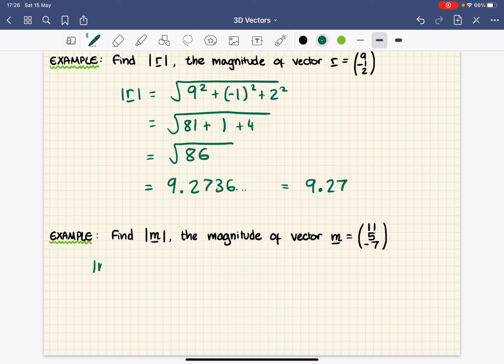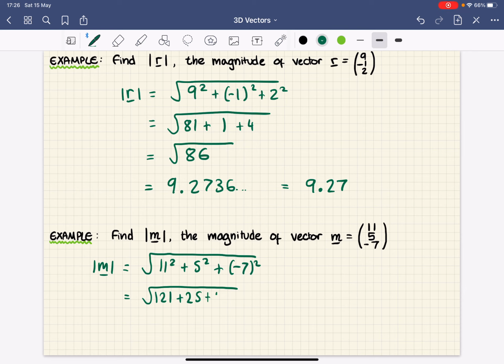Same idea here. Magnitude of m, I square all the elements, so 11 squared plus 5 squared plus minus 7 squared. So that's going to be 121 plus 25 plus 49, and so that is just going to be the square root of adding together, let's be lazy, 121 plus 25 plus 49, 195.